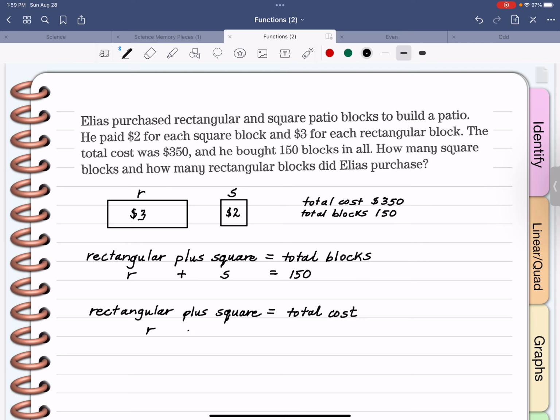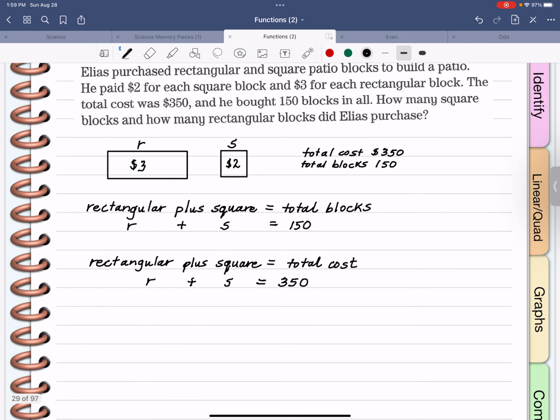So the rectangles plus the squares equal 350. But then there's another element involved in this problem that we haven't accounted for. It's the money. The rectangles are $3 each. So every time he buys an R, he pays $3. The squares are $2 each. So every time he buys a square, it costs him $2.